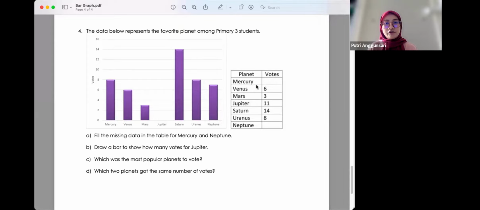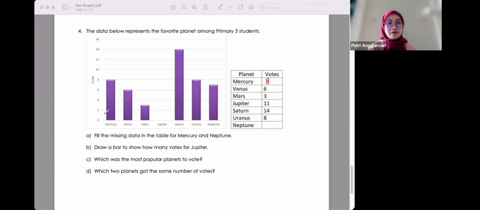The thing that we have to do is just fill in the blank. So Mercury stands for 8. You just see from the number, it is 8. Next, Jupiter is still missing, but we can see from the table that Jupiter is 11. However, we don't have any 11 here.